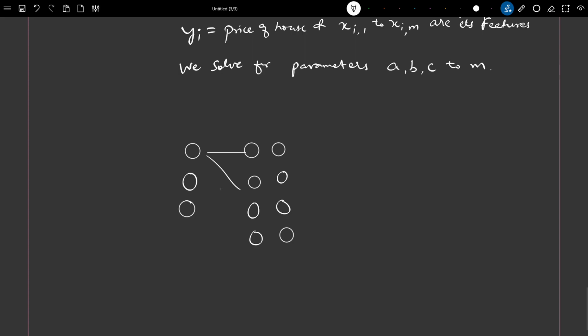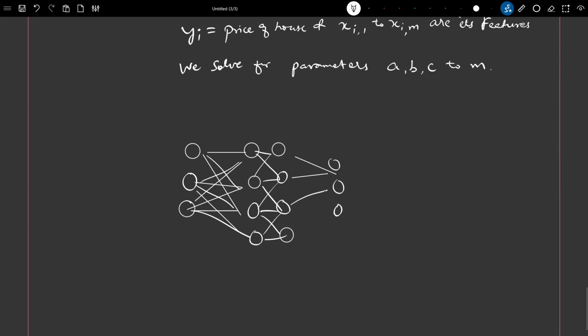But the point is, this is how it is connected. Let's say we have some connections, some sort of a network, and we have a certain output here. Okay, something of that sort.